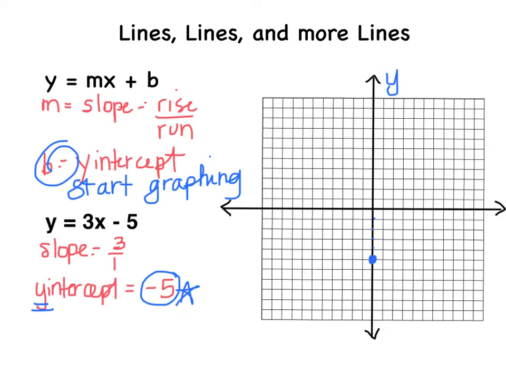and put a point. And I'm going to keep my pencil right here, and I'm going to do from here my rise over run. Rise 1, 2, 3 over 1 and put a point.